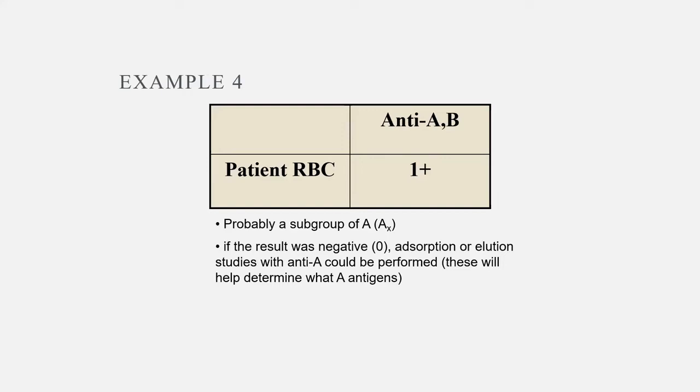But a really easy thing to do to resolve ABO discrepancies is genotype the patient. But a lot of hospitals don't want to pay for genotyping. So sometimes you just have to use what you have.